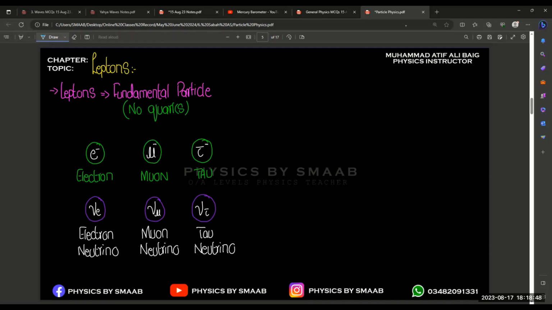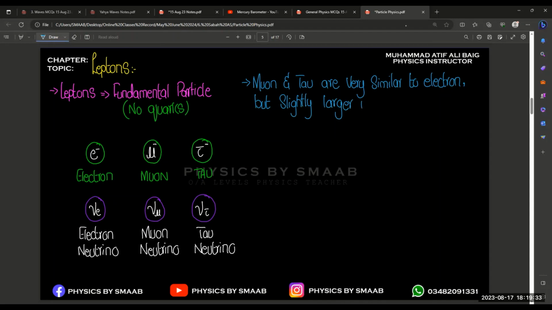So muon and tau are very similar to the electron, but with slightly larger mass.